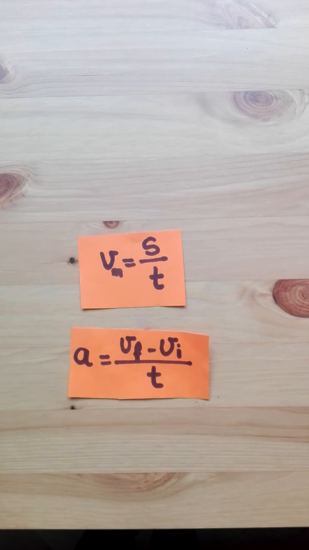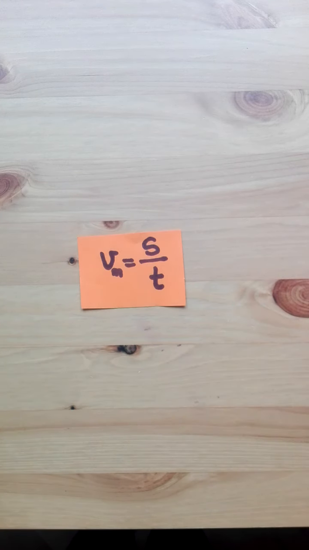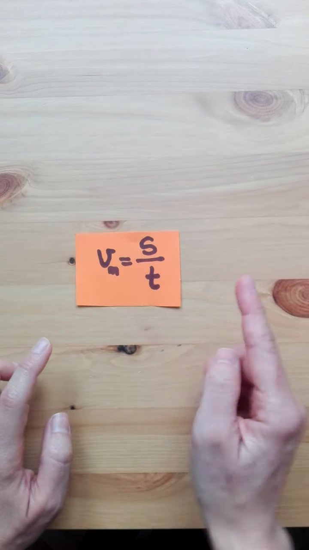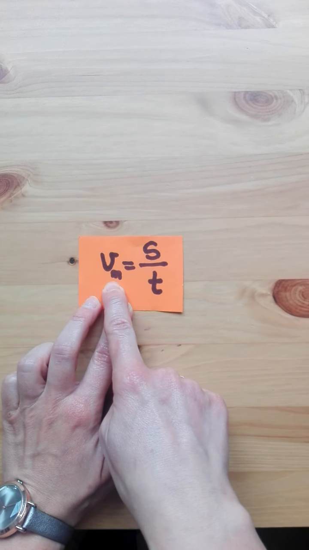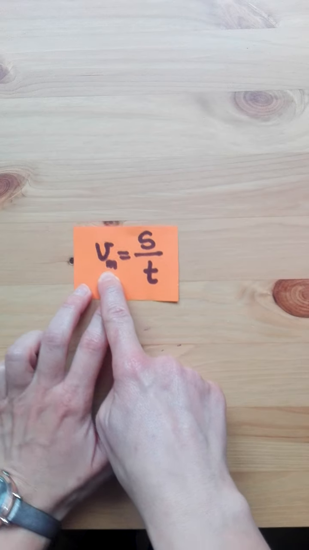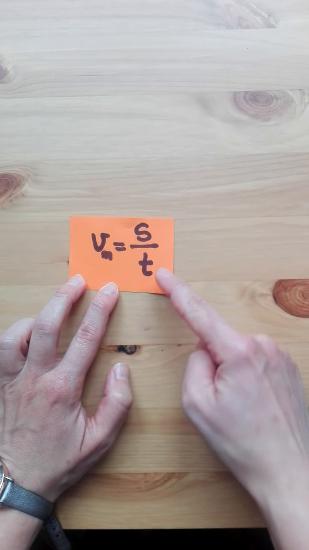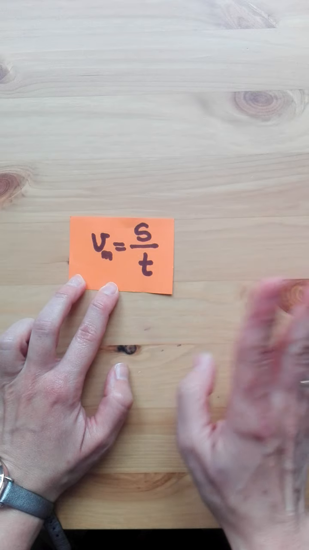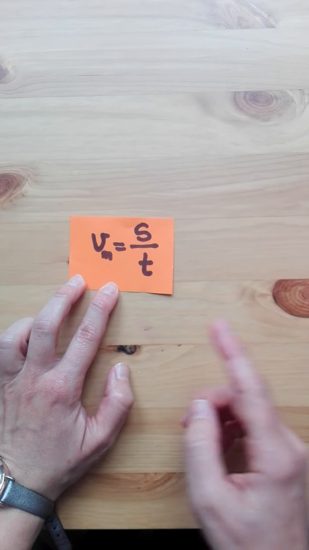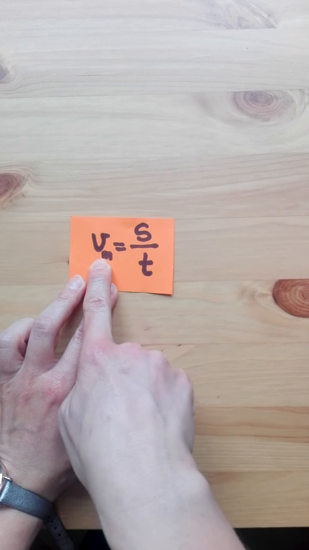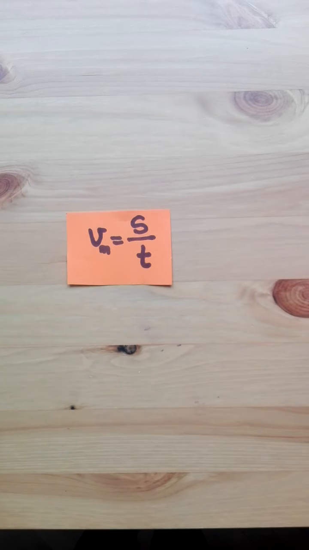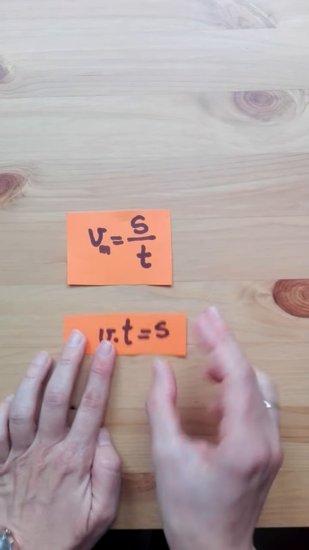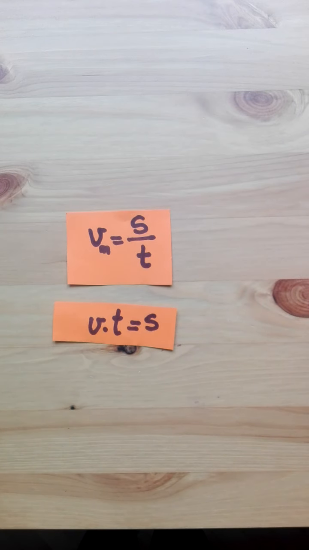What else about these equations? For this first equation, you can be given, for example, the distance traveled and the time, and you can be asked about the mean speed. Okay, that is easy. You just put here the data for the distance traveled and here the data for the time, and it's no problem. But you can also, for example, be given the mean speed and the time and be asked about the distance traveled. That is very easy. You just need to take the time to the other side of the equation and you will obtain that the distance traveled is the speed multiplied by the time.